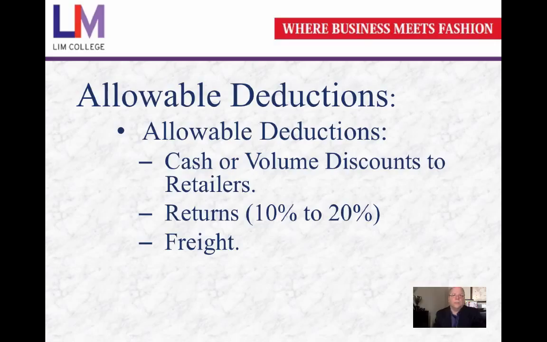So if that goes back to the licensor, the licensees are not going to pay a royalty on that. Or any discounts that the retailers get, a discount, a promotion, a coupon, that kind of thing. That's going to be deducted from the royalty rate or the royalty itself.